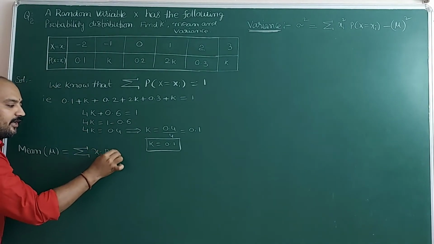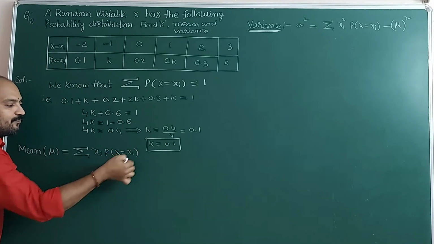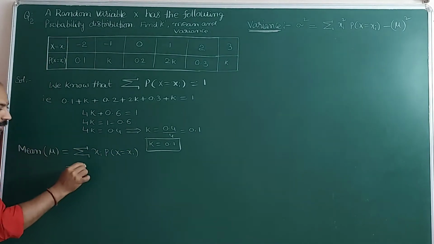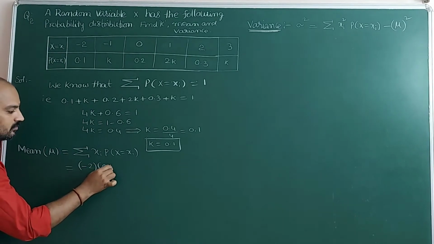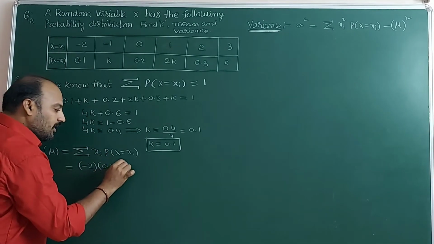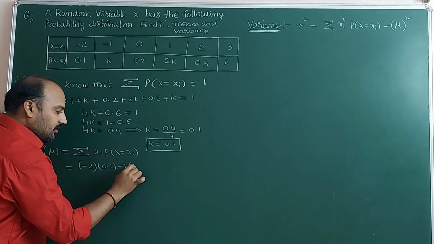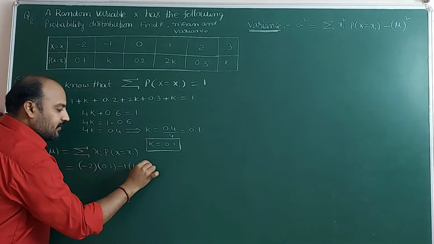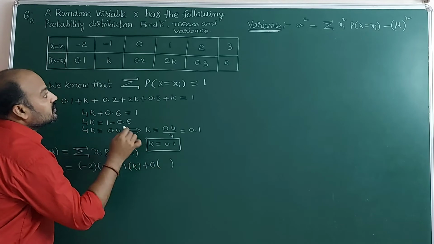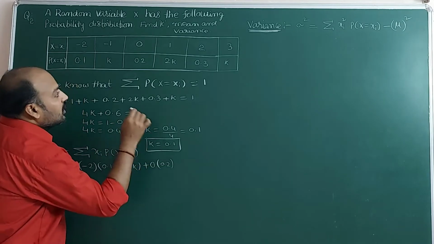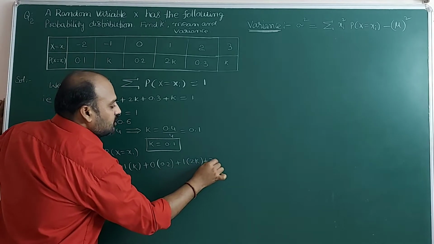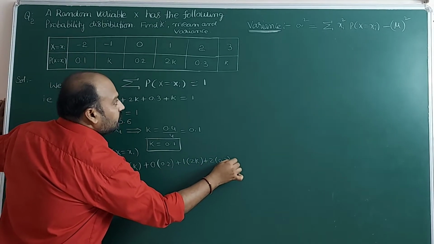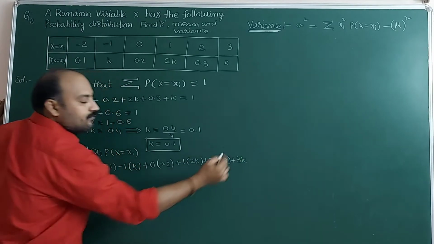Xi into p of x is equal to xi, which is equal to minus 2 into 0.1. Next, minus 1 into k. Next, plus 0 into 0.2 plus 1 into 2k plus 2 into 0.3 plus 3 into k.